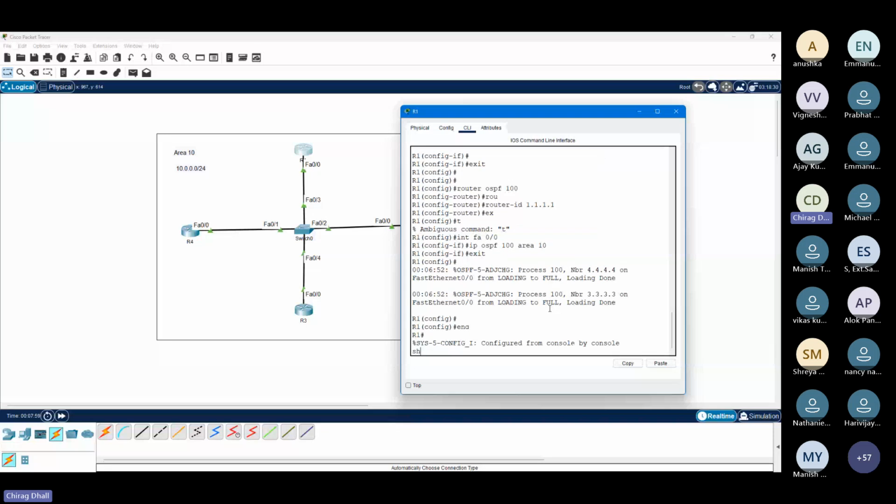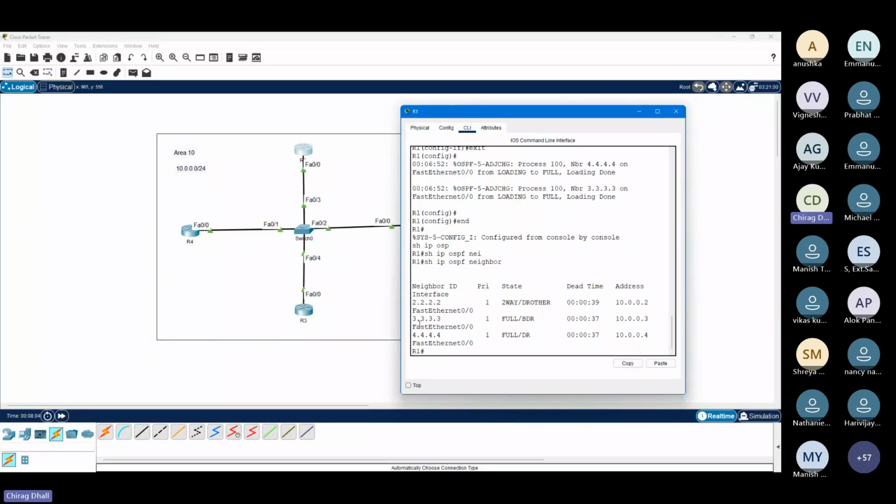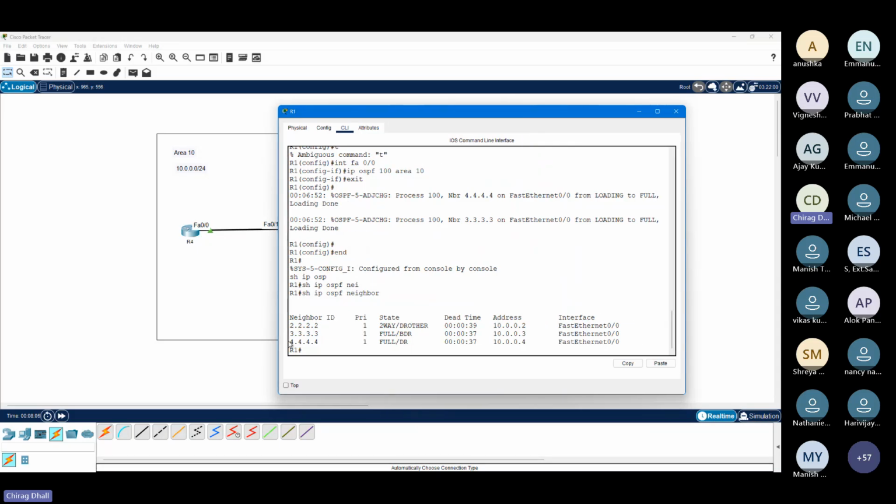So show IP OSPF neighbor. I can see I have how many neighbors? 3 neighbors, in which router 4 is my DR, and I am maintaining my neighborship up to what state? State number 7, which is full, correct?